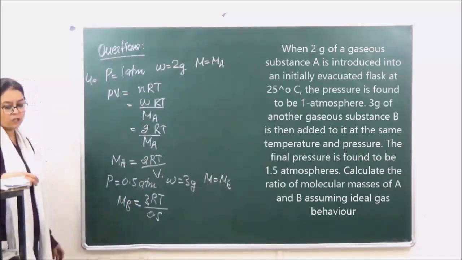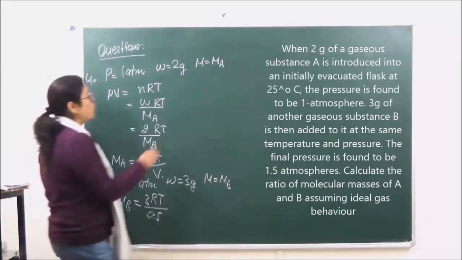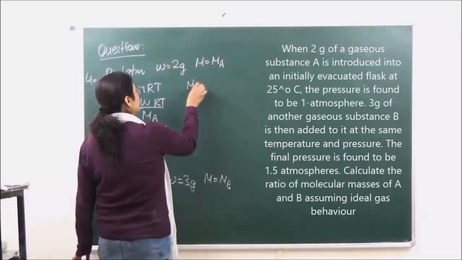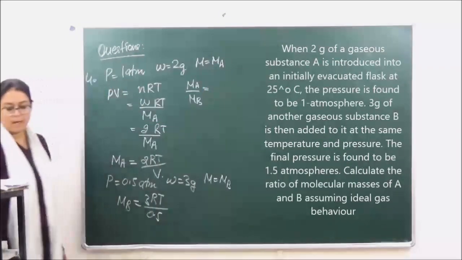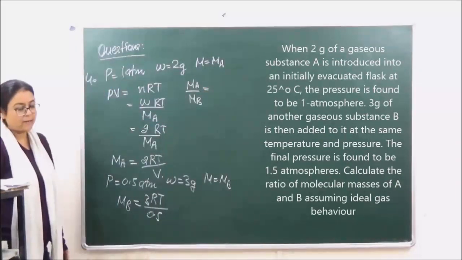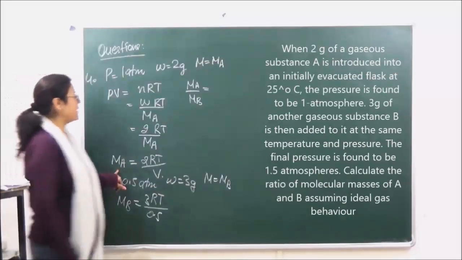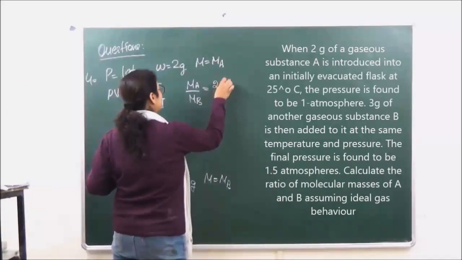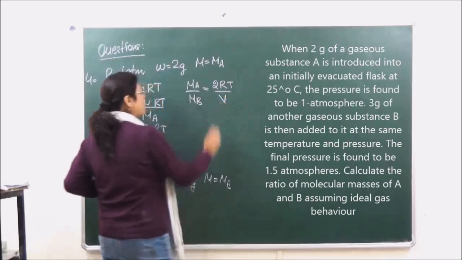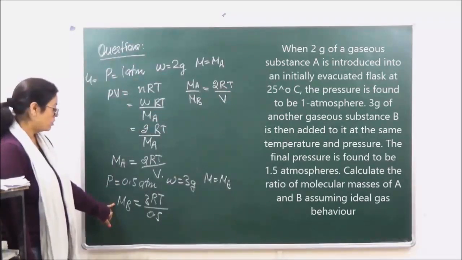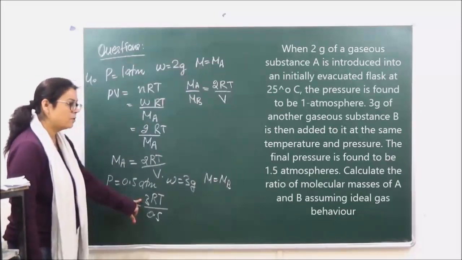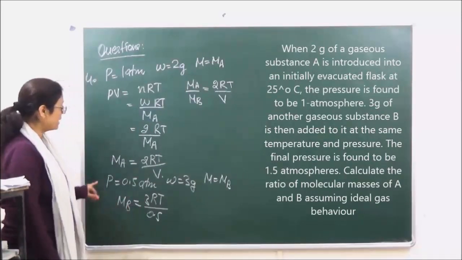For our calculations to be simple, let's take the ratio of both. MA upon MB, that will become equal to MA is 2RT upon B, upon MB, मतलब divided by MB. So divided by MB, this will become reciprocal, right? यहाँ पे हमारा B भी आना था.